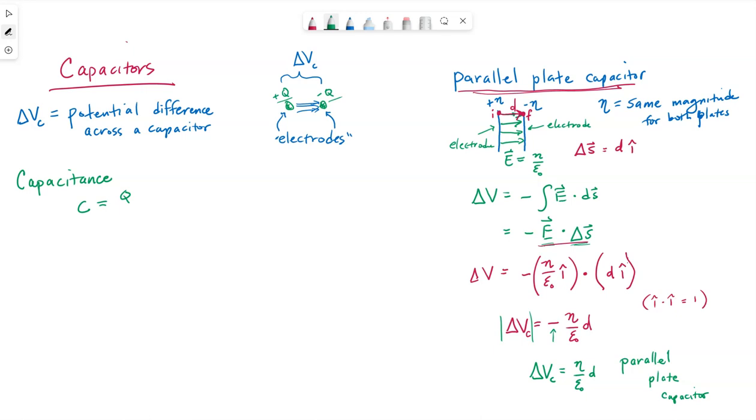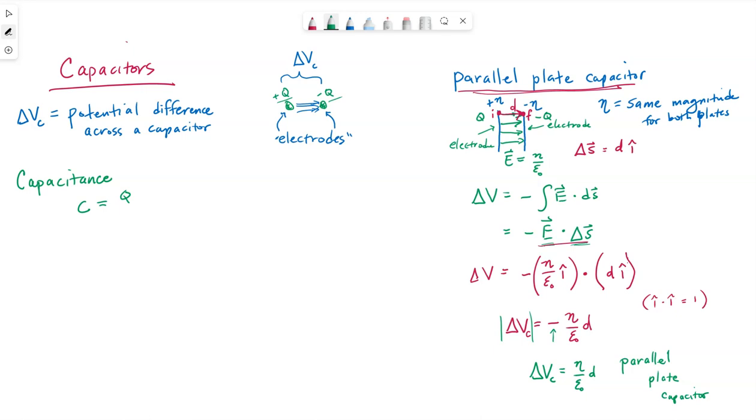Both plates will have equal but opposite charge that accumulates on them. They also have the same charge density as well.